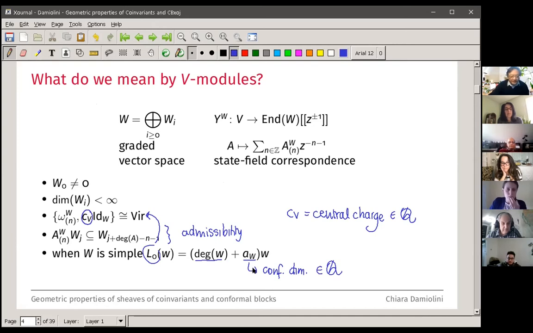Okay, so sorry, maybe I didn't emphasize it. If W is not simple, then you don't have this. So we need the simplicity, and for what we're going to see today, we will only consider simple modules. Thank you for the reminder.